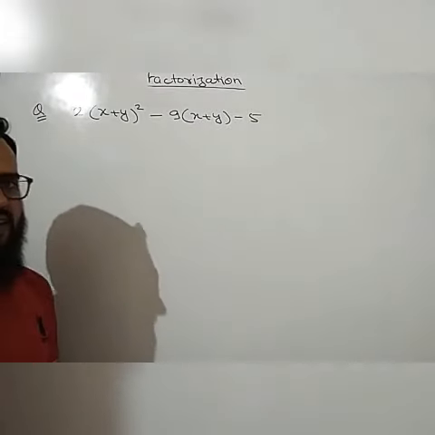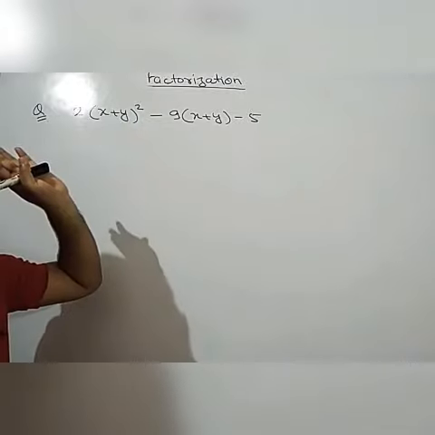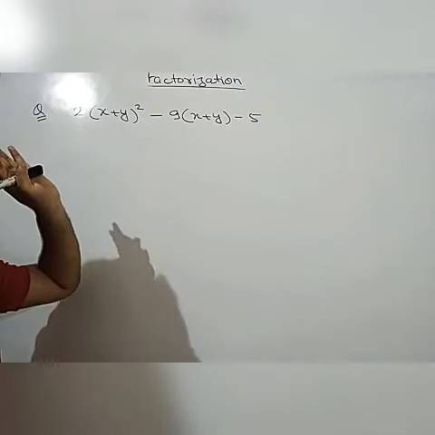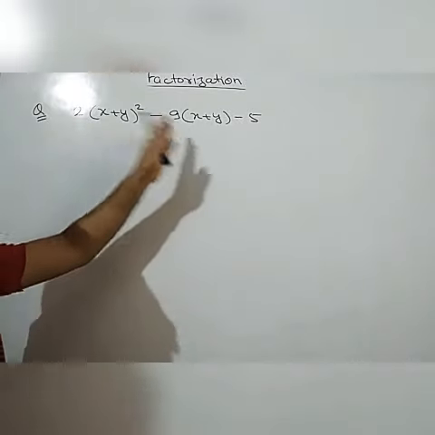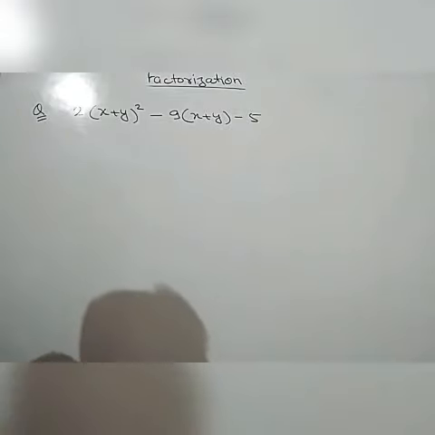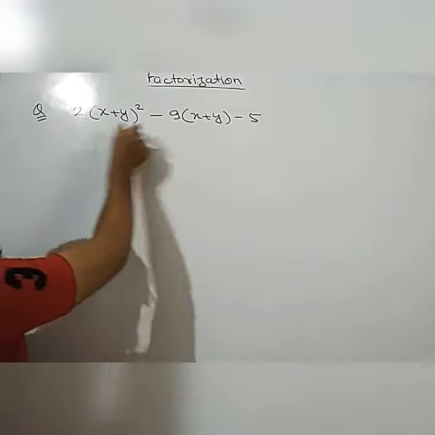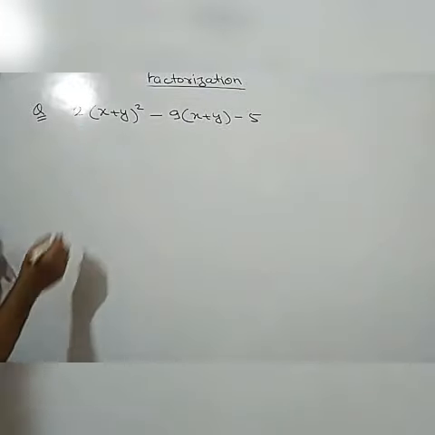So in general, if we see this expression, there are two variables, x and y. But if we see these two variables, we will say that it is not a quadratic polynomial because there are two variables. But if we consider this x plus y as another variable, how will you solve such type of problem?